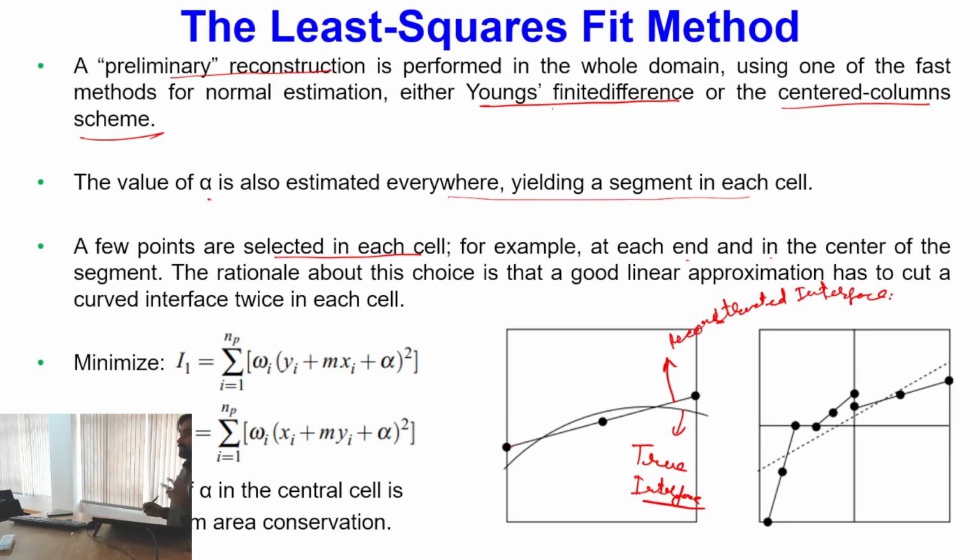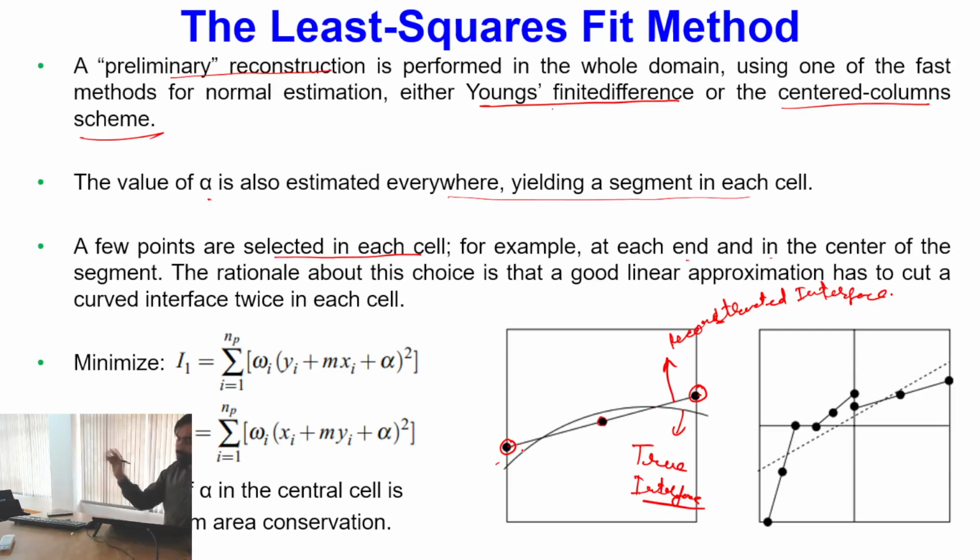Where this preliminary reconstructed interface is crossing the boundaries of the cell, there I defined 2 points. And 1 point I have defined at the center of these 2 boundary points. Is this one clear? This I have shown only for a single cell. Likewise, I need to do this for all the cells present in my system.